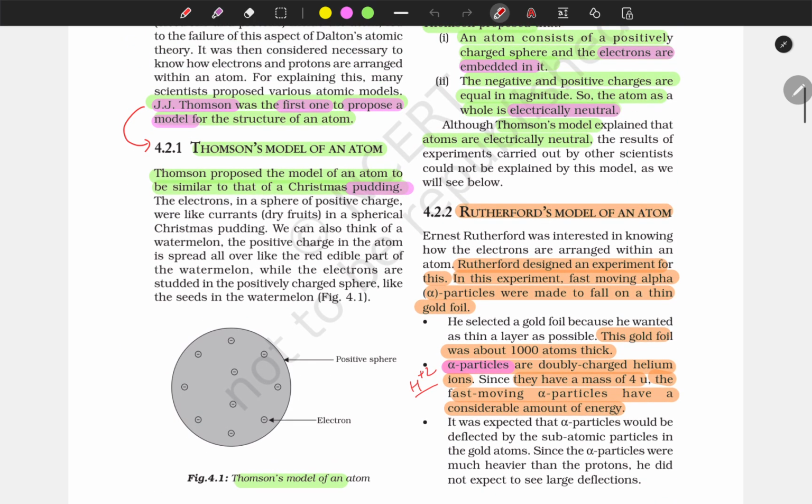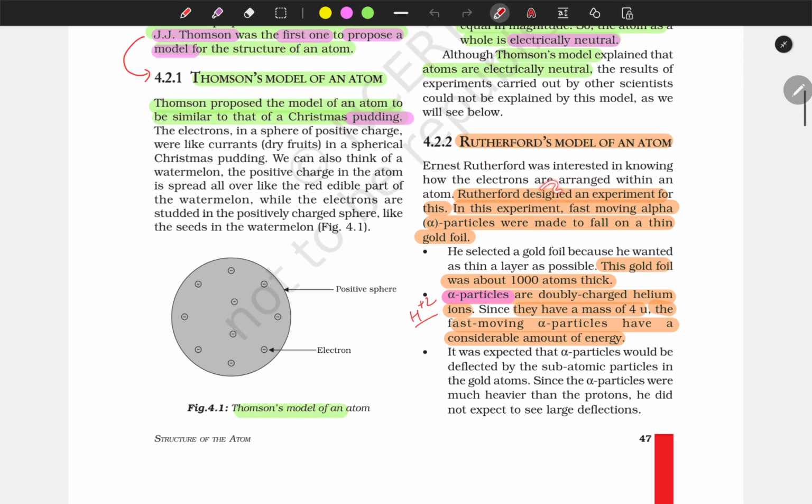Now, after J.J. Thomson, the model evolved and a new model was proposed by Rutherford. And what did Rutherford do? Rutherford did an experiment. Let's discuss this. In this experiment, fast-moving alpha particles were made to fall on a thin gold foil.